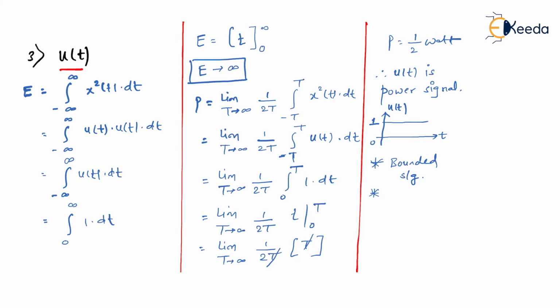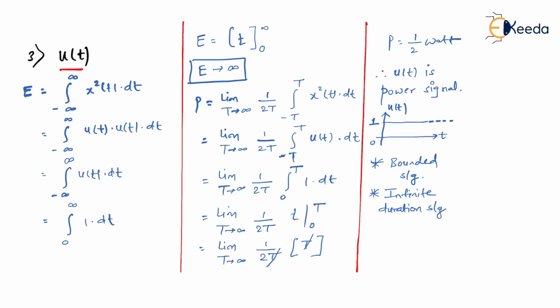Now the question is, is it a finite duration signal or an infinite duration signal? The answer is it is an infinite duration signal because it is never ending. It is going to remain 1 even though t is approaching infinity. Now, if it is an infinite duration signal, do you think the amplitude is decaying or constant?